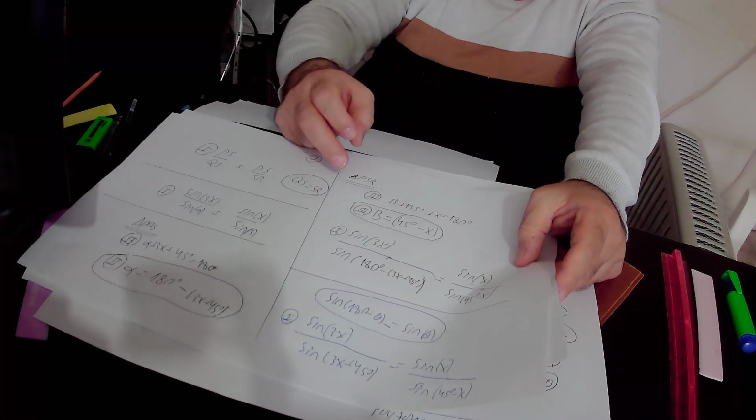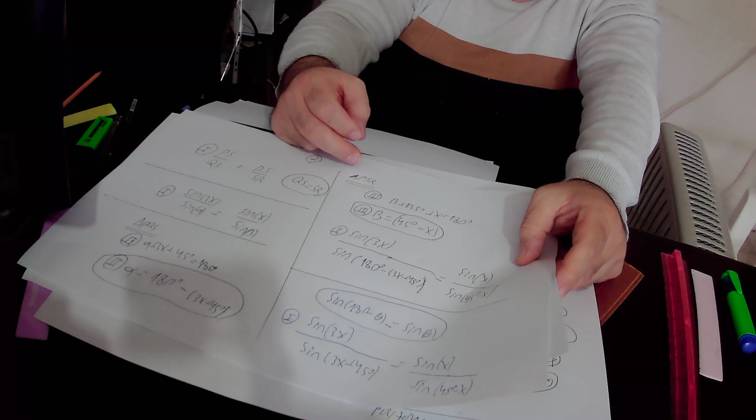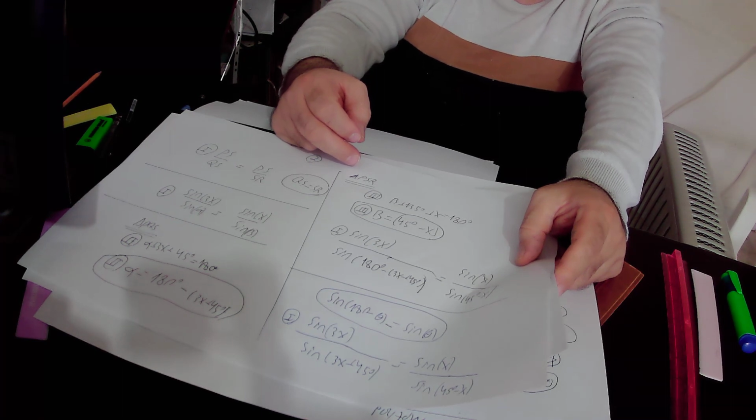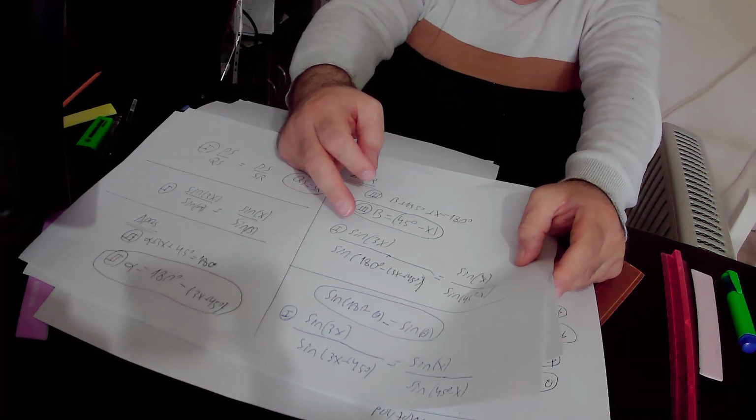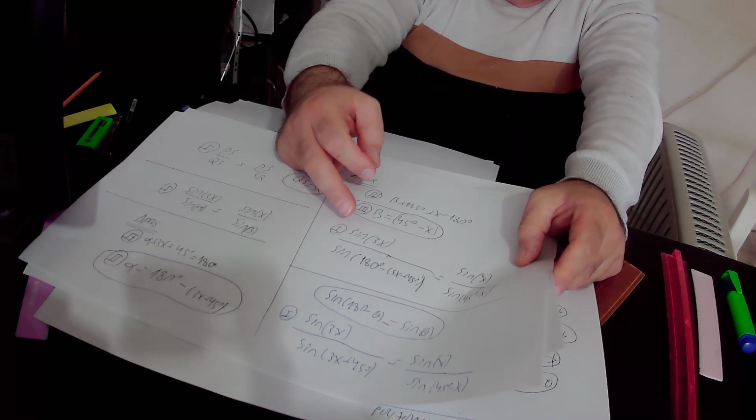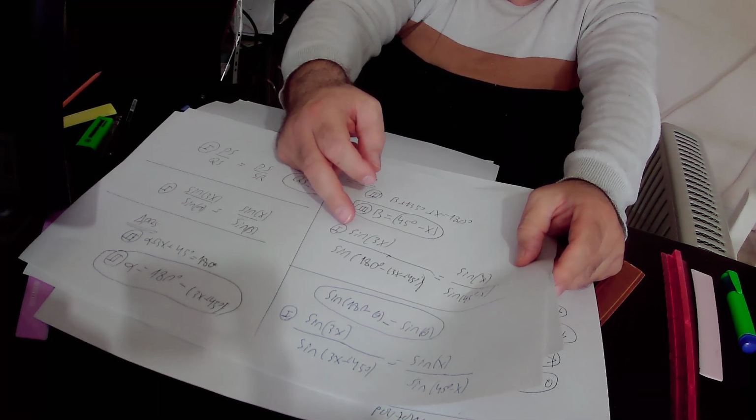According to the trigonometric identity that sine of 180 degrees minus theta equals sine theta, we get that sine of (180 degrees minus (3x plus 45 degrees)) equals sine of (3x plus 45 degrees).